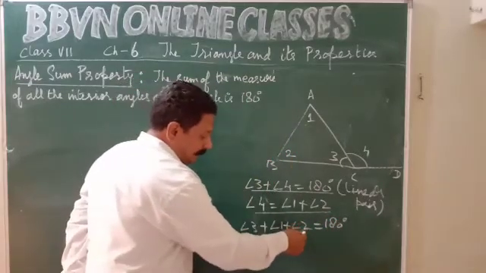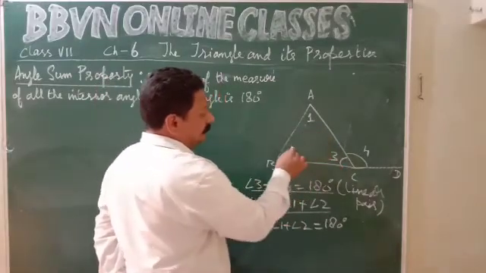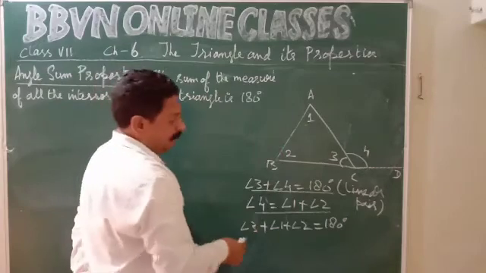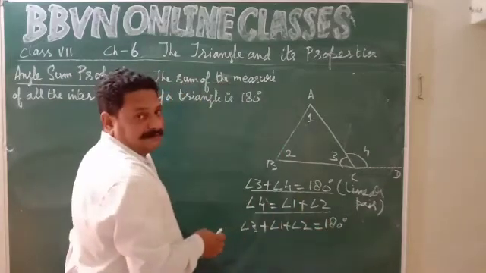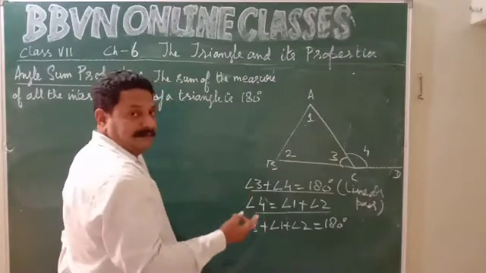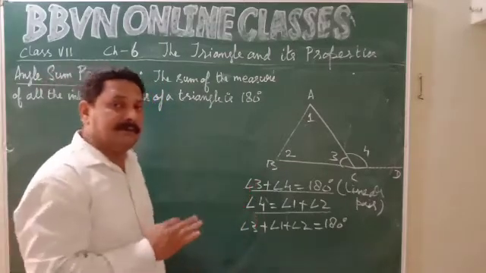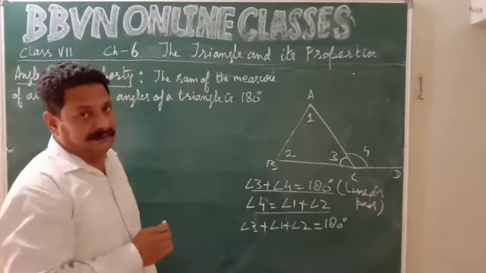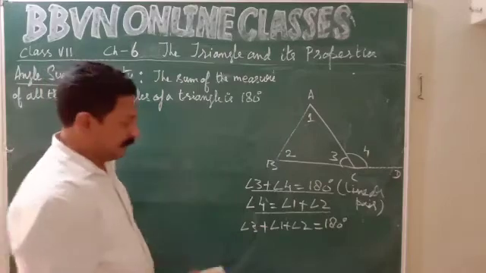Angle 1, angle 2 and angle 3 are the interior angles of this triangle. Their sum turns out to be 180 degrees. This is one of the methods of proving that the sum of interior angles of a triangle is always equal to 180 degrees. There is one more method which you can use.